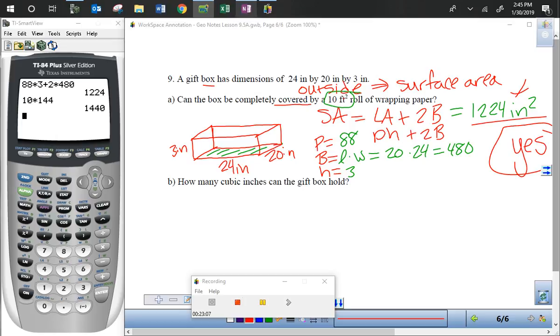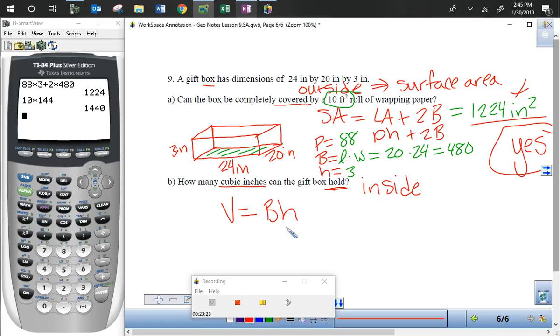Now the next part B says, how many cubic inches can the gift box hold? The word hold usually indicates inside, but in this case we saw cubic inches. That also tells us volume. Since it says cubic inches, our life is nice because we don't have to worry about any conversions here.